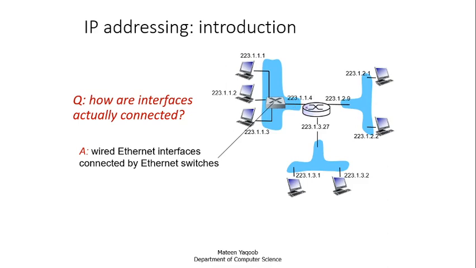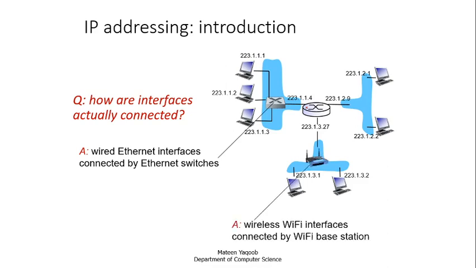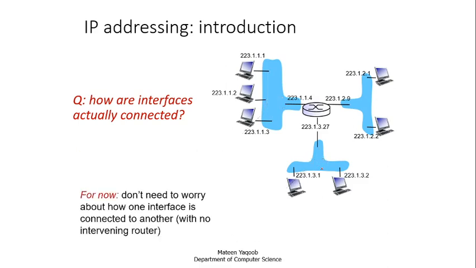So in this case you can see a switch also has many interfaces and is connecting multiple host systems to the router. And in the second one, you can see a wireless interface or a wireless base station. So for now we don't need to worry about how one interface is connected to another interface.